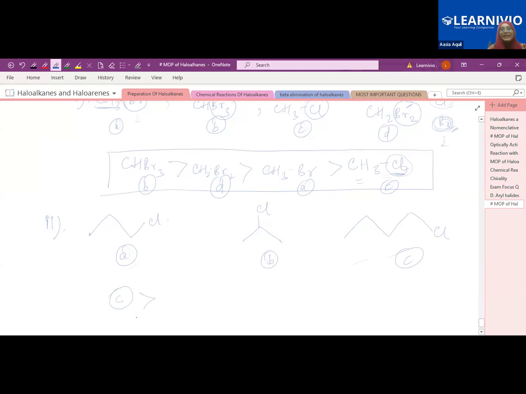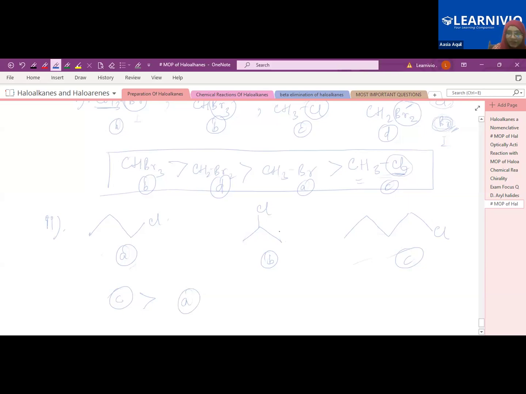After this, between A and B, which one will have the higher boiling point after C? Yes, Lubna? A, right? Why A? Because you can see there's no branching in A, but in B there is a branching, and you know very well boiling point is inversely proportional to branching.